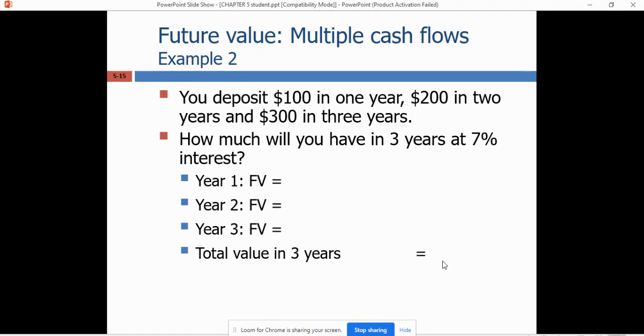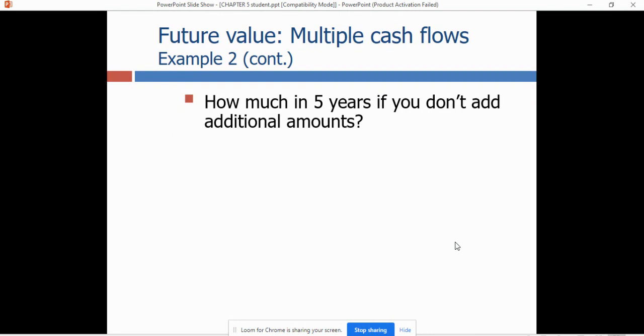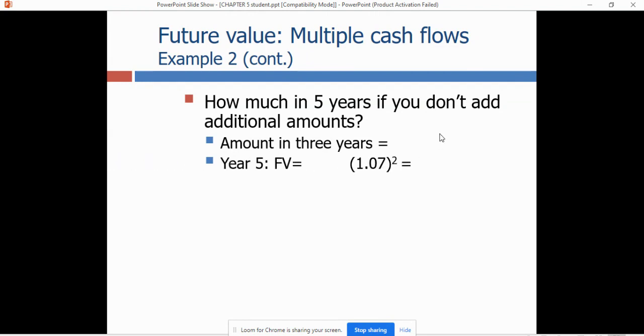You should be getting 628.49. It's quite straightforward, right? How much in year 5 would you have accumulated? Okay, previously your calculation was until 3 years, which is 628.49. So now you want to know how much you're going to have in year 5.